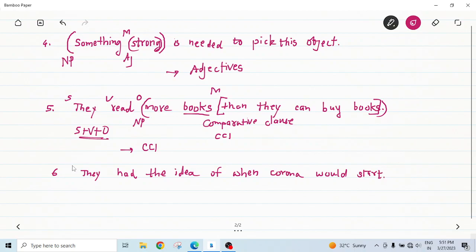Now in this example, this is subject, this is verb, and the idea is object, and the noun phrase begins from the determiner the.